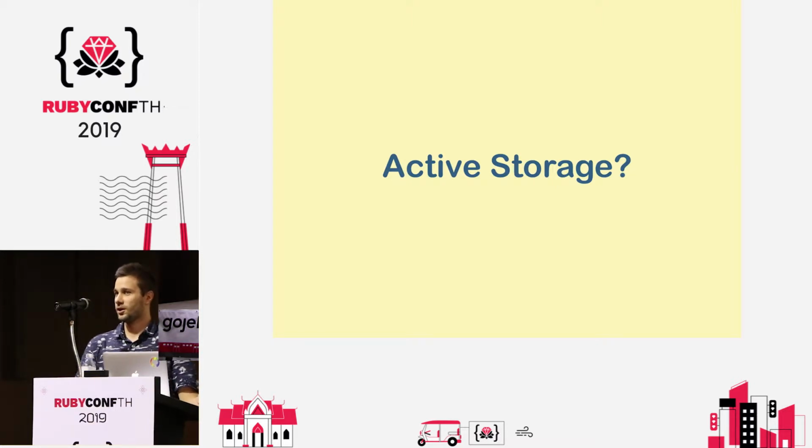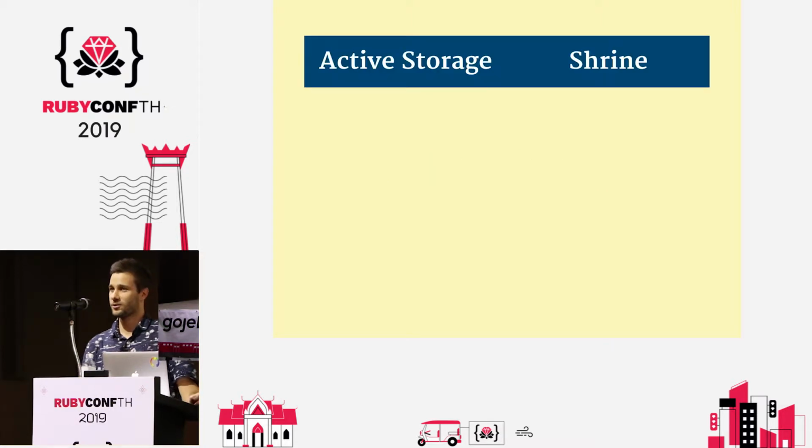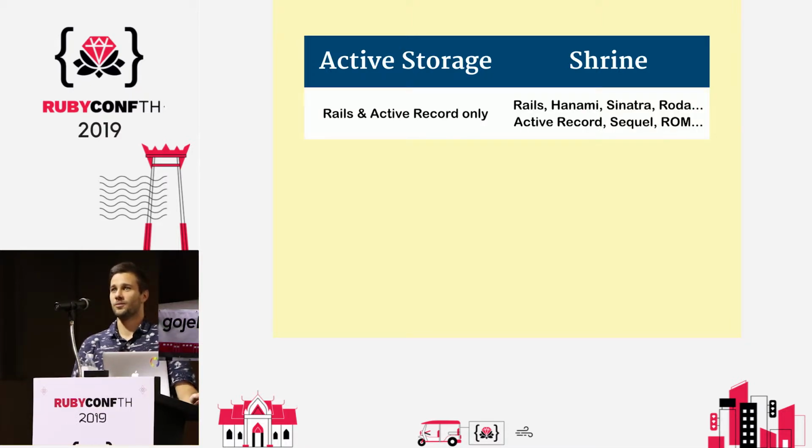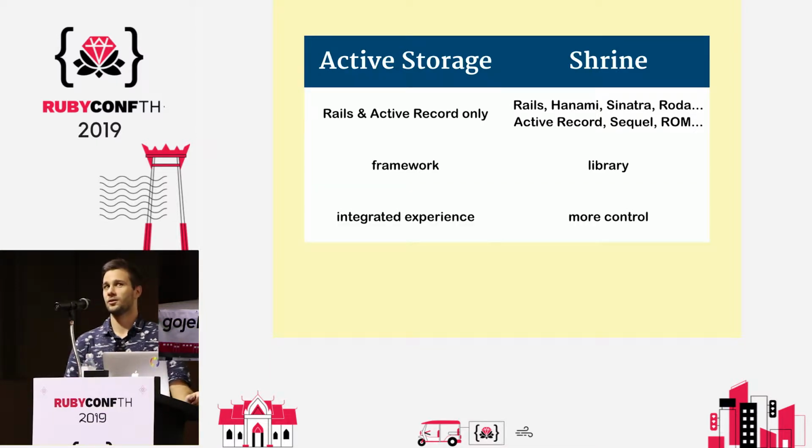But before I start, I think that many of you are wondering, okay, Janko, but Rails now has Active Storage. Why are you talking about anything else? Well, I would like to help you with some comparison just so that you can put these two solutions in place. For one, Active Storage is coupled to Rails and Active Record, while Shrine can be used with any web framework or any persistence library.